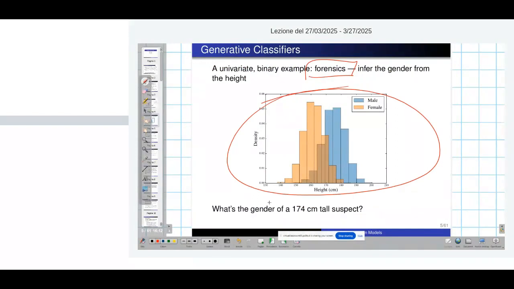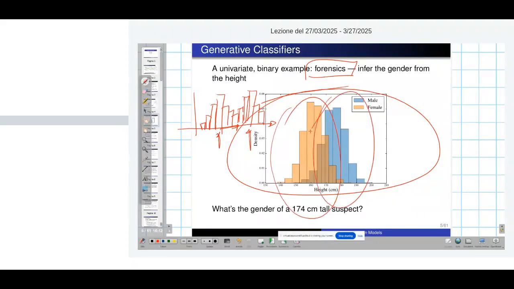Now, we have said that if you look at the population, you can plot the histogram of the heights. Typically, you will see that there are two modes. These typically correspond to the two genders of the population. We can do better. We take our dataset, build the histogram for male and for female, and we end up with something that looks like this.